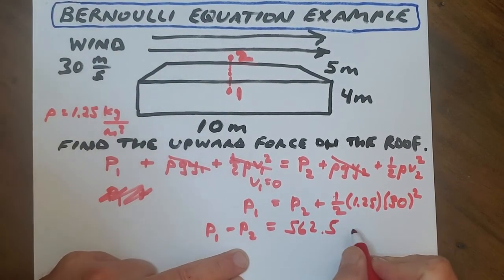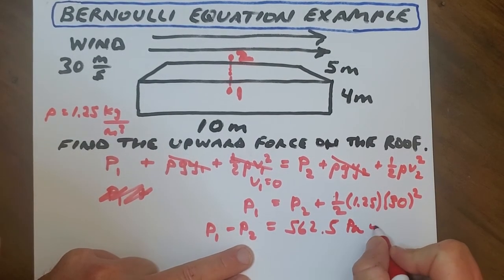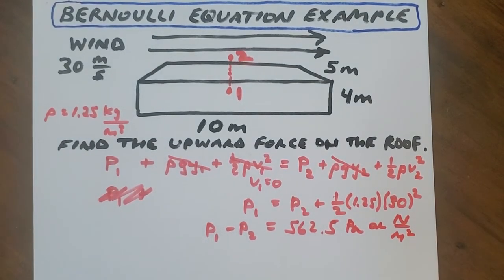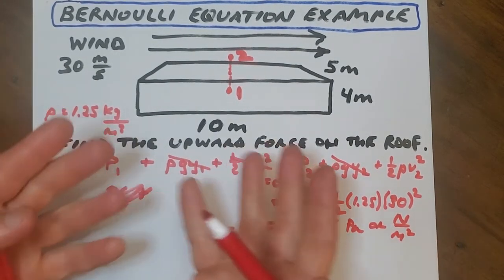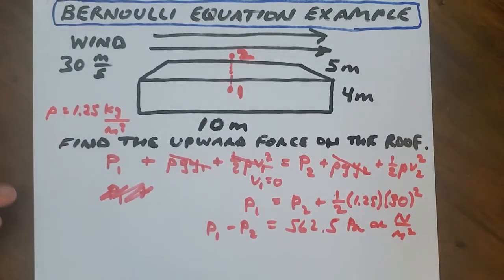And that's pascals, or newtons per square meter. Right, so now to find the upward force, this is the amount by which the pressure below the roof is greater than the pressure above.